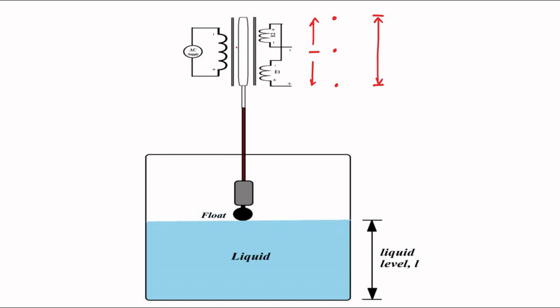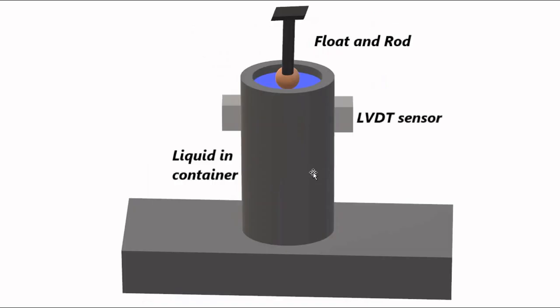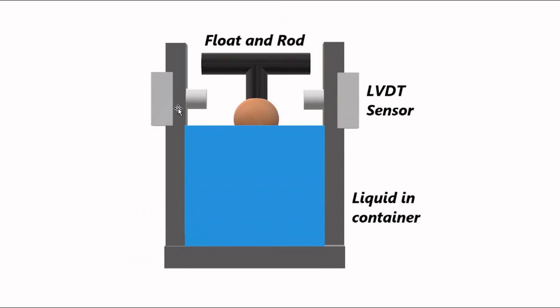That is the major disadvantage, but it is sometimes used in some cases. In the majority of cases you will find arrangements like this. First, a single LVDT sensor is connected at both ends, where the ferromagnetic core is insulated and exposed to the float and rod arrangement.